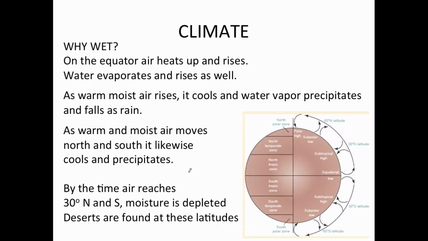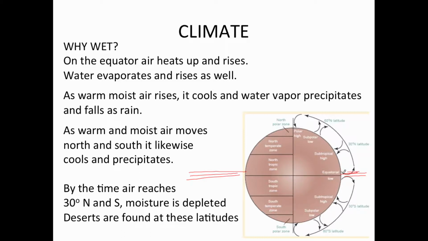because we know the sun is hitting the equator more intensely, that means that the air around the equator would heat up. And with that heating of the air, the moisture in the air is also heated and they rise. So this moist air rises from the equator.